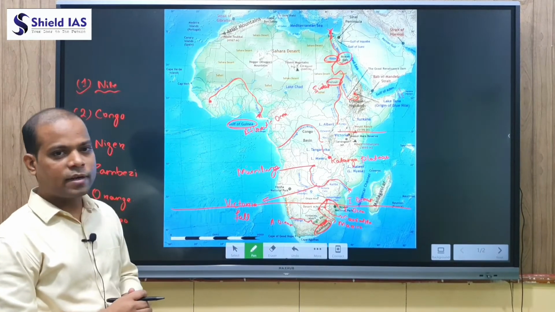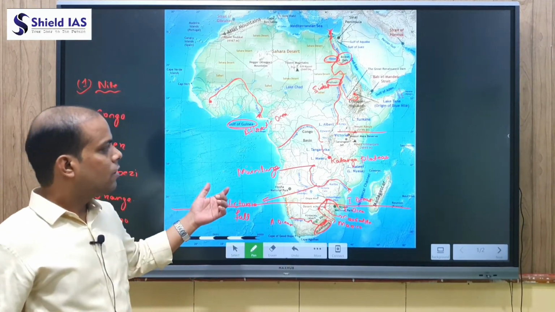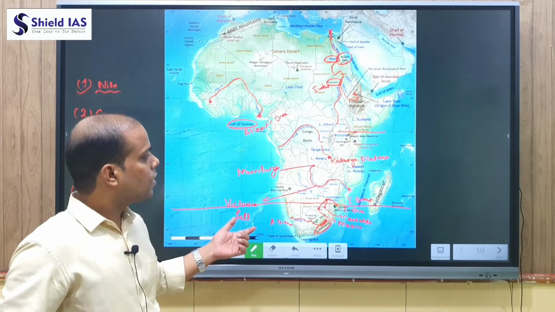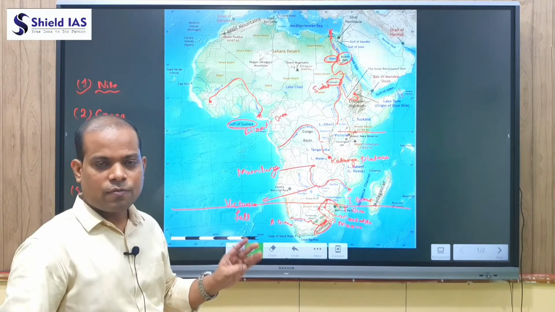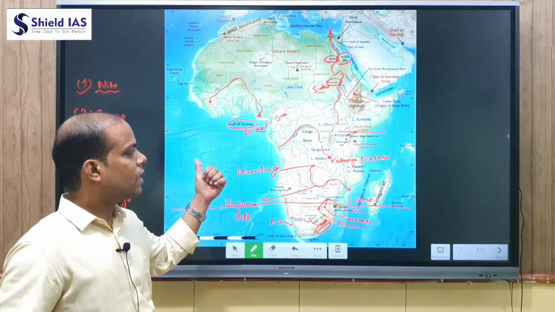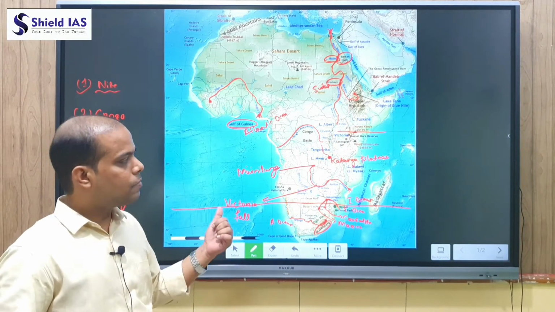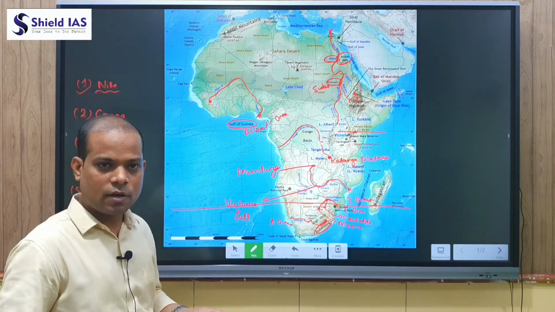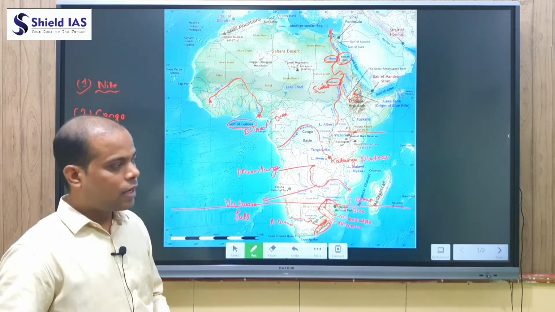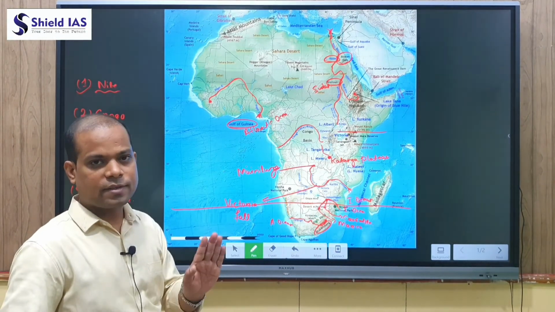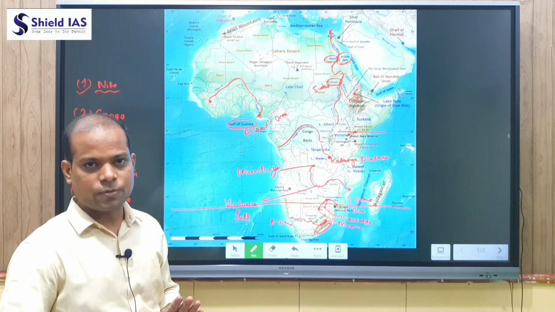So these are important rivers for the prelims point of view. Remember the name of the river, where its source is and where it ends, the mouth of the river. If there is an important dam, remember that. If there is an important waterfall, that is also important. And the source and mouth of a river are very, very important for the UPSC prelims point of view.